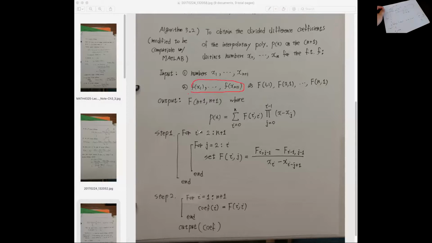And then step one: this is the index of the row, so it starts from 2 to n plus 1. It makes sense, right? And then j is the index of the column, so j moves from 2 to i, and then we find f of i comma j.